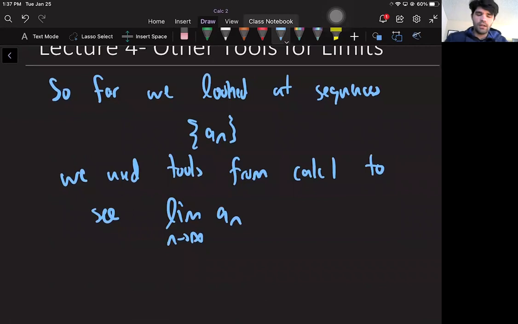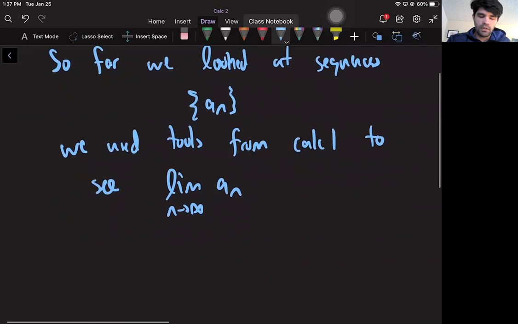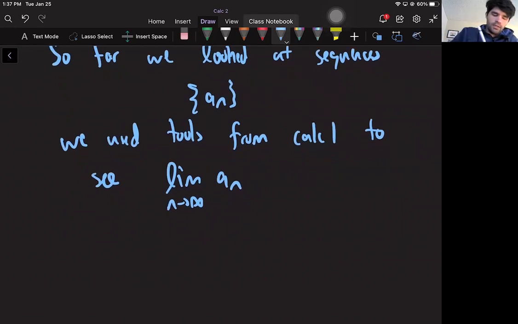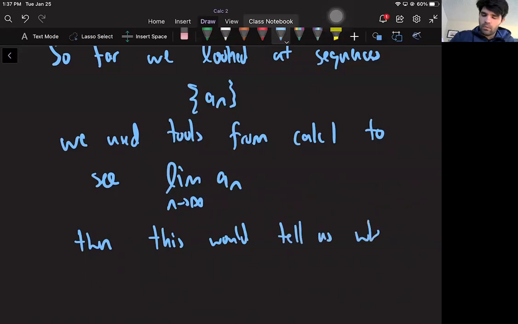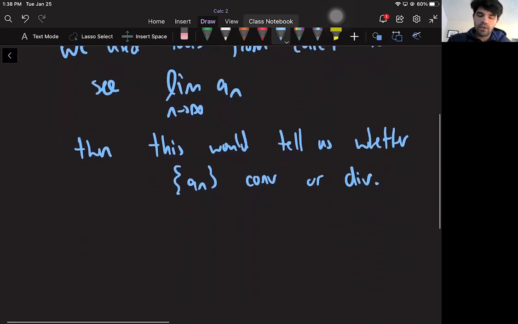But we just modify it a little bit to make it work for sequences, but it really comes down to doing the same stuff you did in Calc 1. And so then this would tell us whether the sequence converges or diverges, because that's the goal, is to figure out whether they converge or diverge.